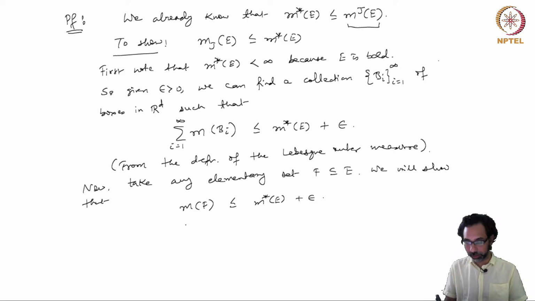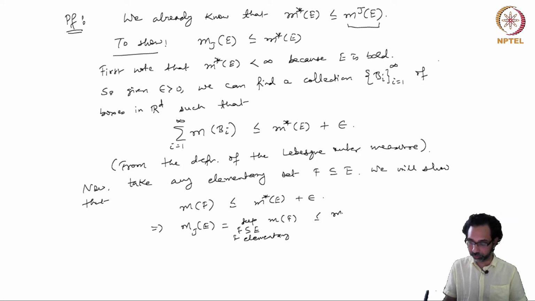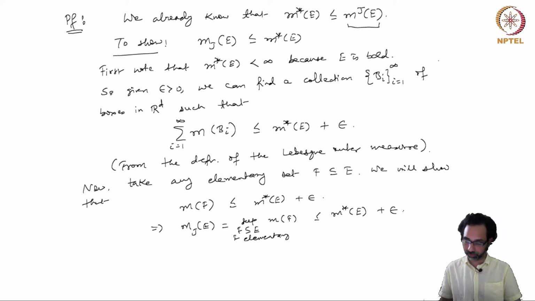So one can then take the supremum on the left hand side and we get that the Jordan inner measure is bounded above by m star E plus epsilon, and because epsilon was arbitrary we would be done. So we have to show this inequality, that m(F) is bounded above by m star E plus epsilon.